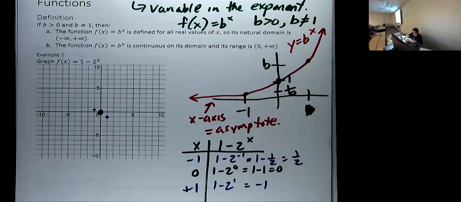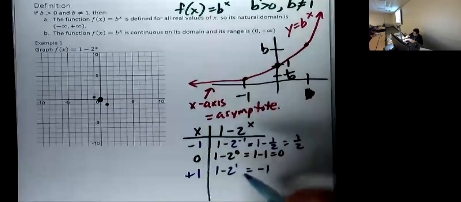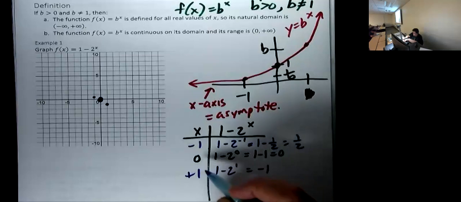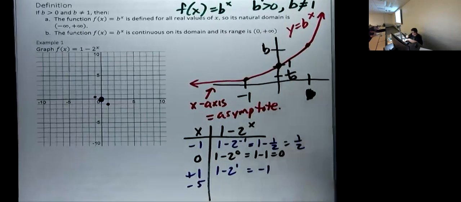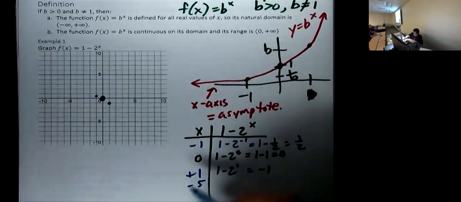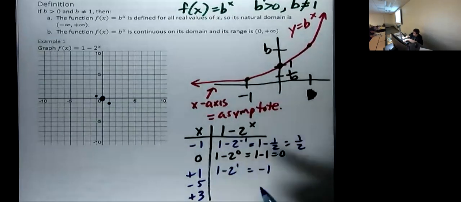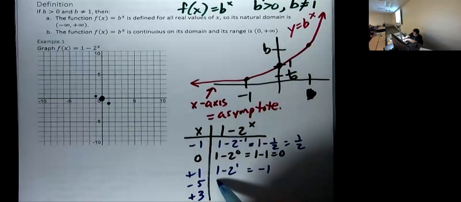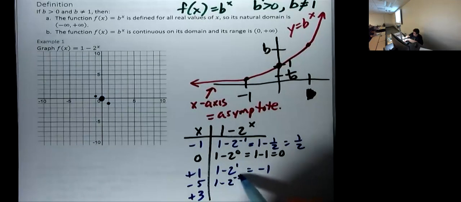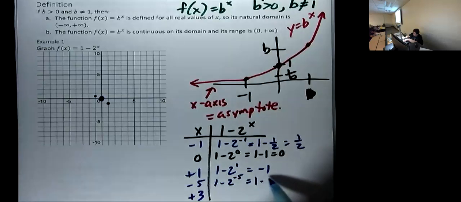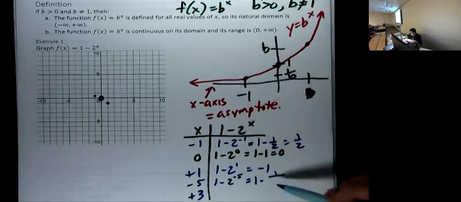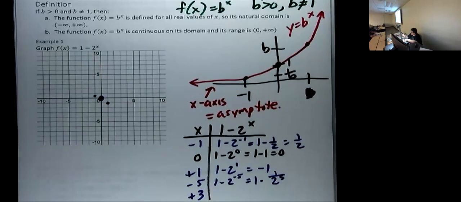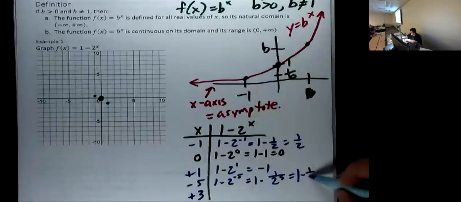If it helps you, do a couple more. I'm going to jump to -5 and positive... Oh, I don't know that I can go +5. +3. -5 would be 1 minus 2 to the -5, which is 1 minus 1 over 2 to the 5th. 2 to the 5th is 2, 4, 8, 16. 1 minus 1 over 16.